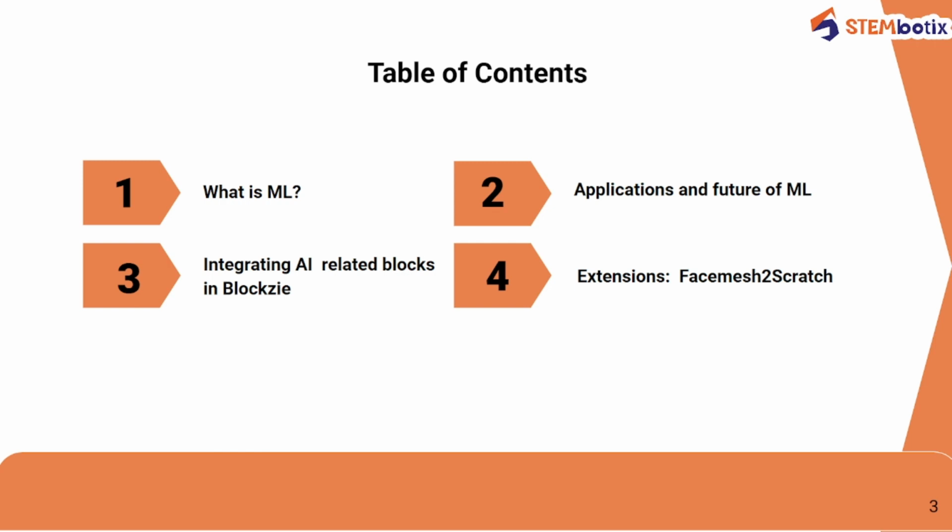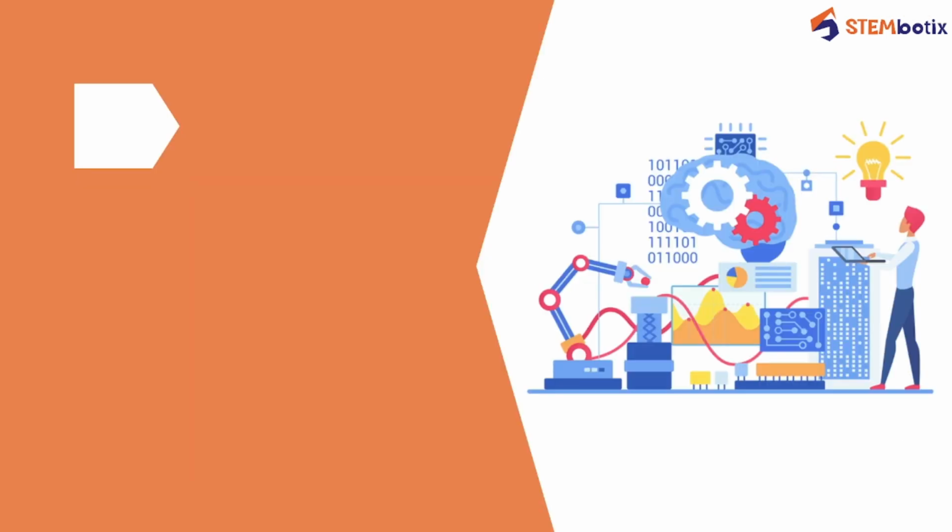In the first part, we are going to see what is machine learning. In the second part, we are going to see applications and the future of machine learning. In the third section, we are going to see different AI related and ML related blocks in Blockzie. And in the fourth and last part, we are going to see one extension which is Face Mesh to Scratch.